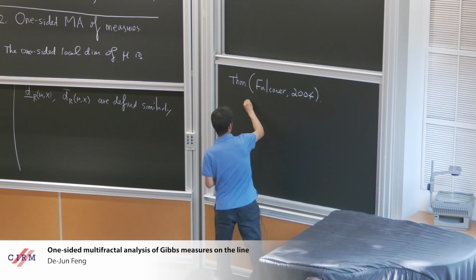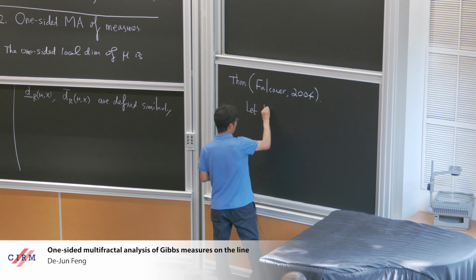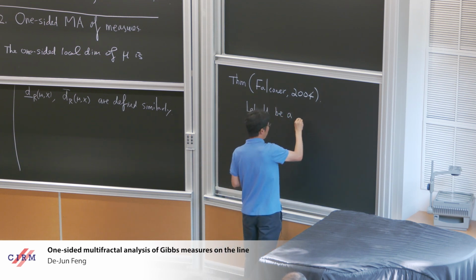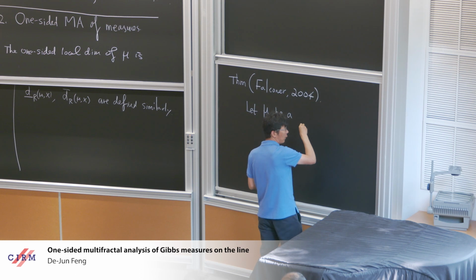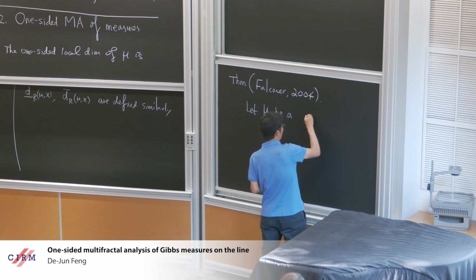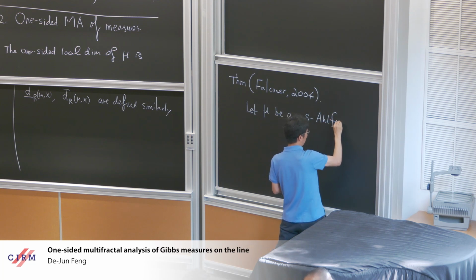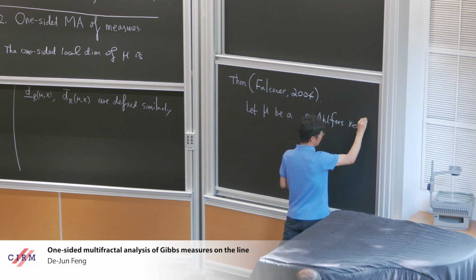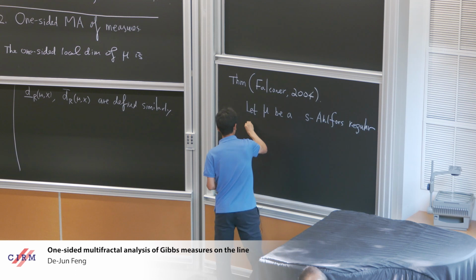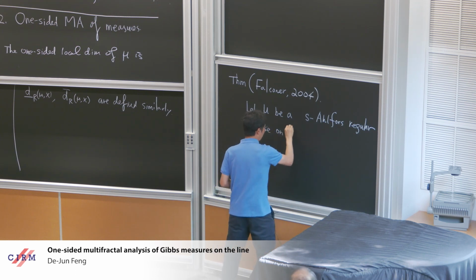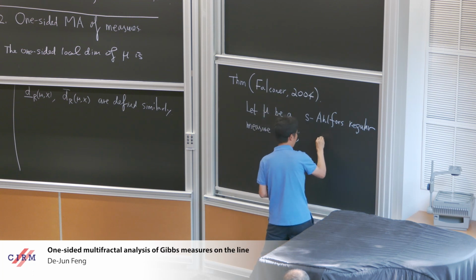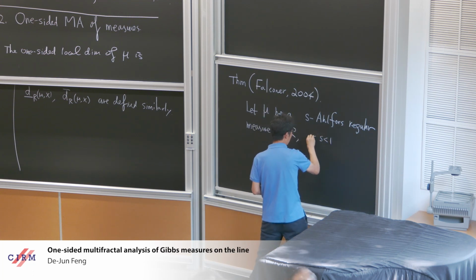So let mu be an s-dimensional Ahlfors regular measure on the real line with s between 0 and 1.